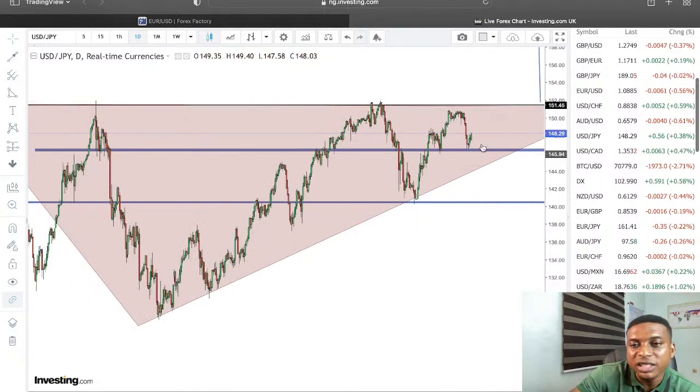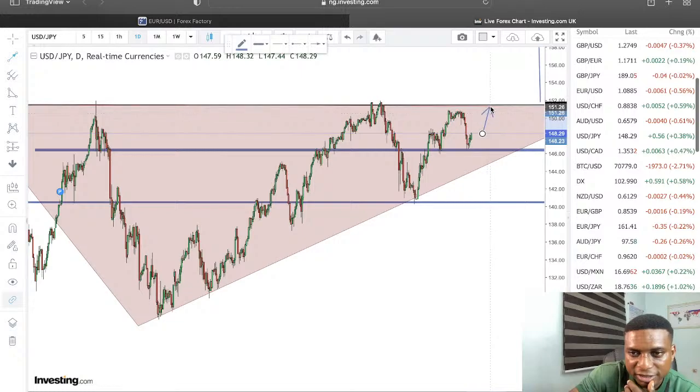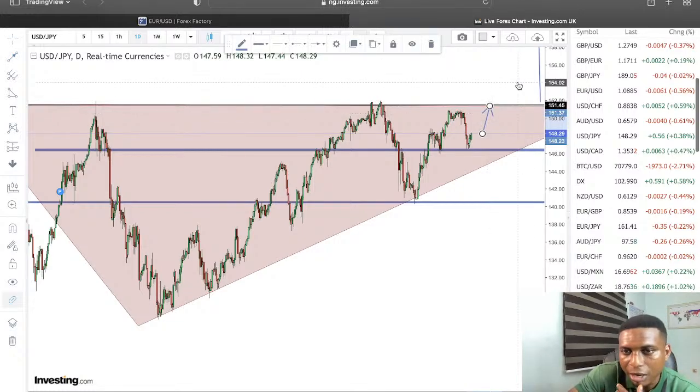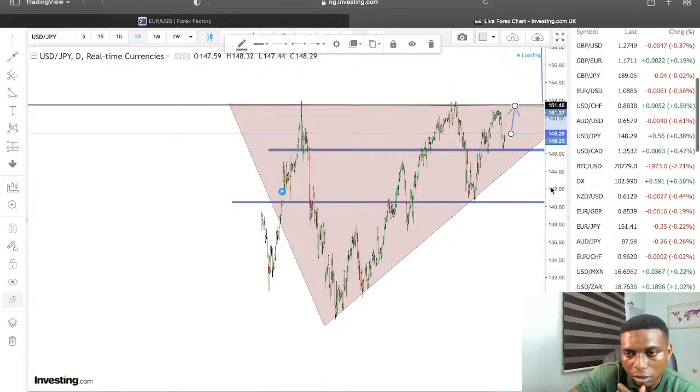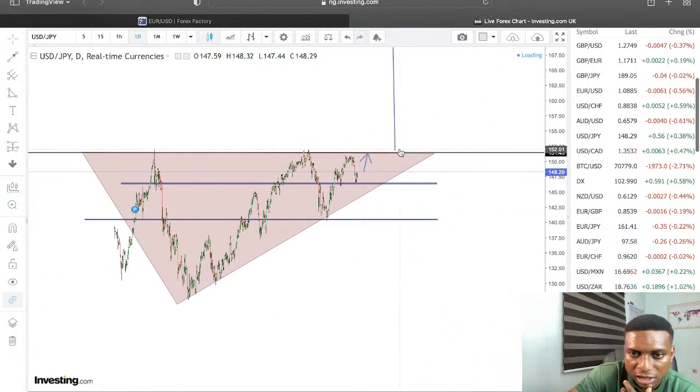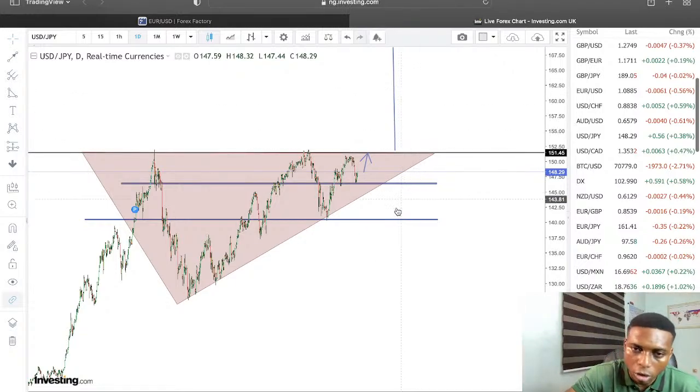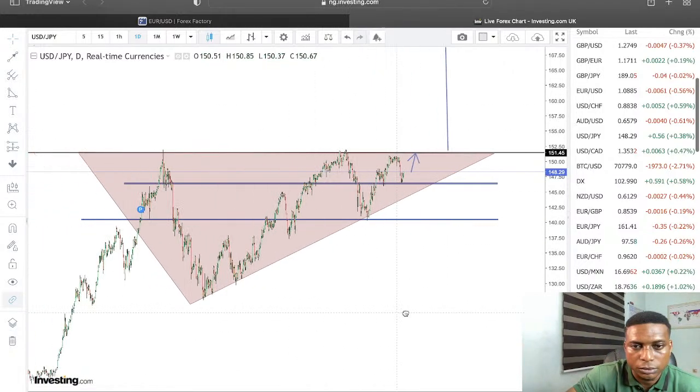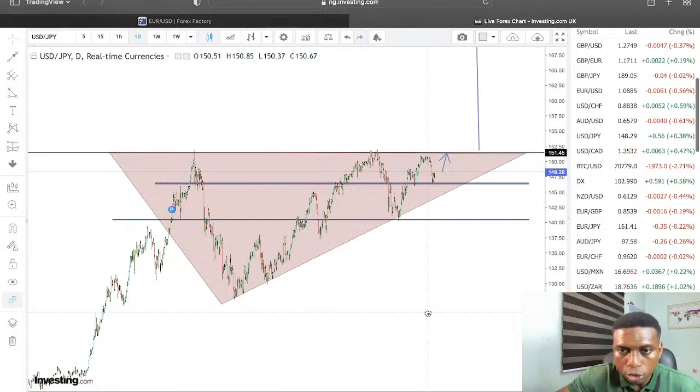So of course, for USD JPY now, for short-term traders or intraday traders, you can always buy up from this level, because we would be touching base to the next resistance level and breaking out of that resistance level upwards. So for USD JPY, it's a buy. For GBP USD, it's a sell, and for GBP JPY, it's a buy.